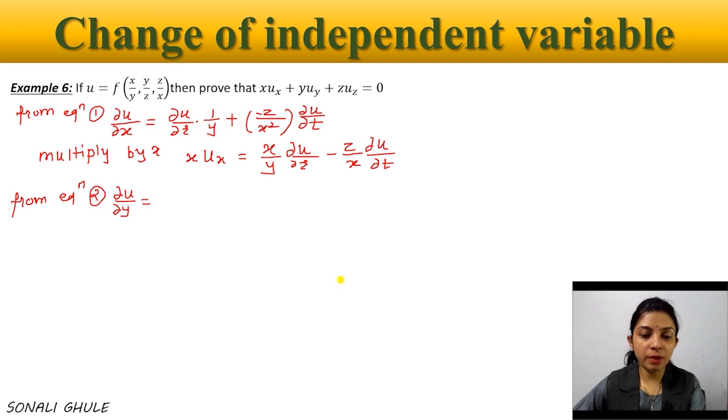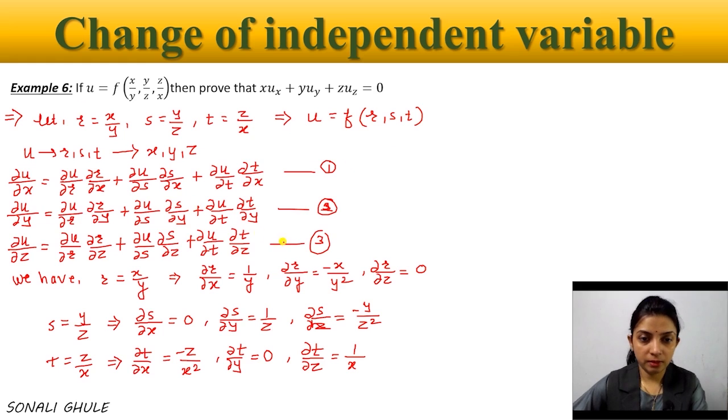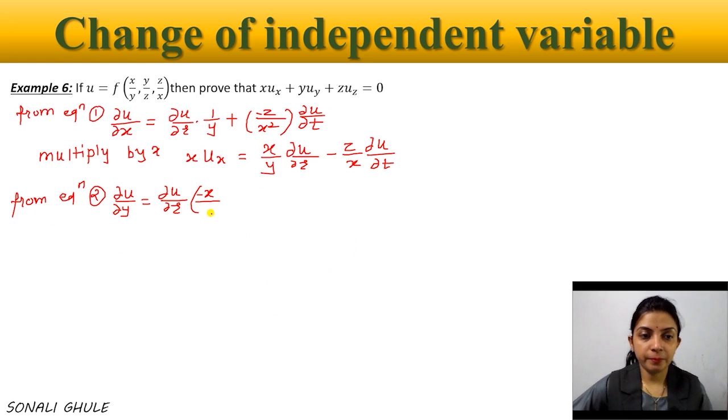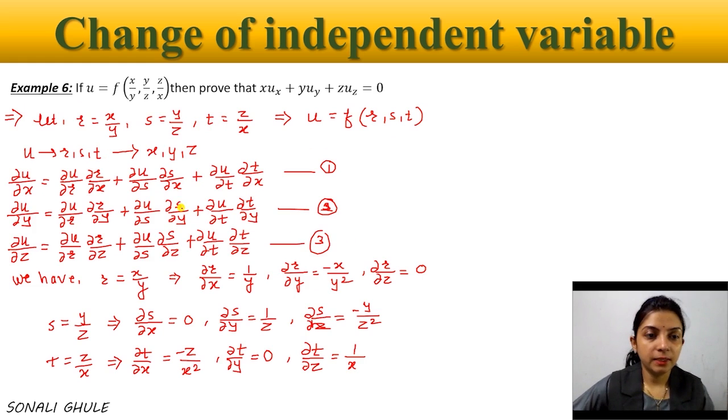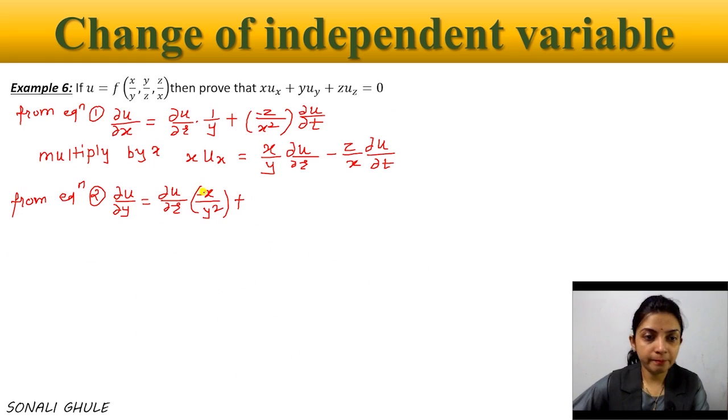So let's put this value, u with respect to r and r with respect to y, minus x upon y square. Okay, plus now the second value, u with respect to s, s with respect to y. What is s with respect to y? 1 upon z. So we can write here u with respect to s and s with respect to y, that is 1 upon z.